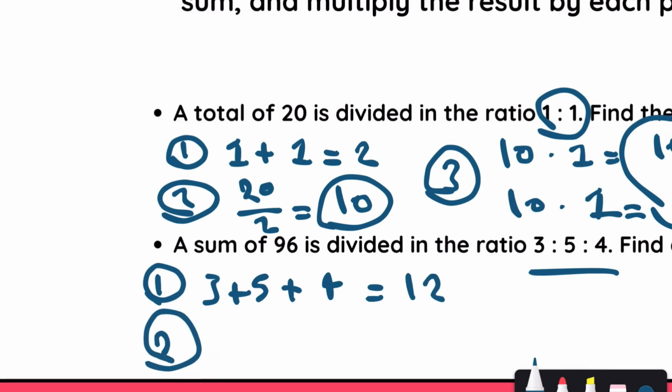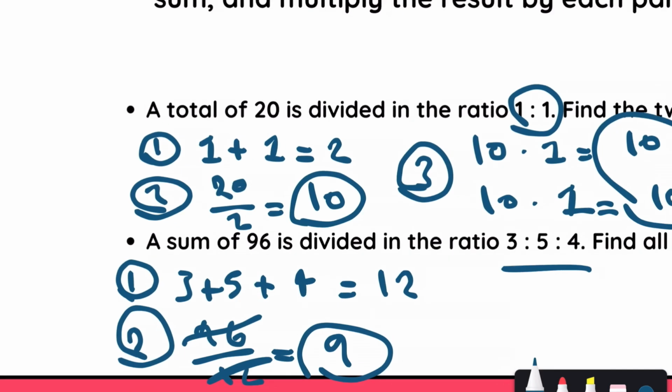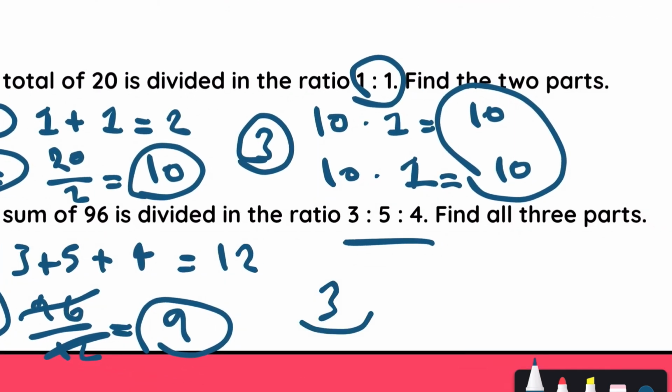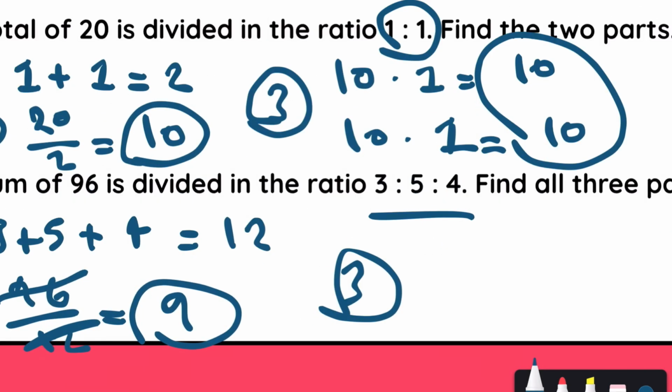The second part, 96 divided by 12, which is 9, right? The result is 9. And the third part. Now, we need to multiply the result of division by the parts of the ratio.